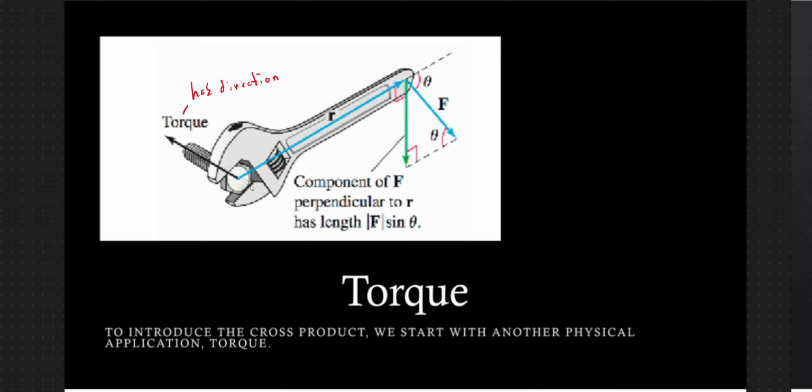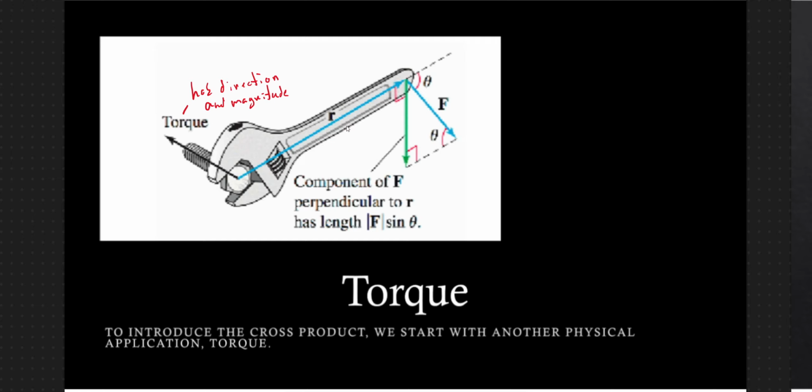If there's a lot of friction, if it's a really tight bolt, you're going to need to apply more force to have it screw in or out. And if it's maybe greased up, you'll be able to apply less force to get the same effect. So it has direction and magnitude, and therefore torque is a vector.